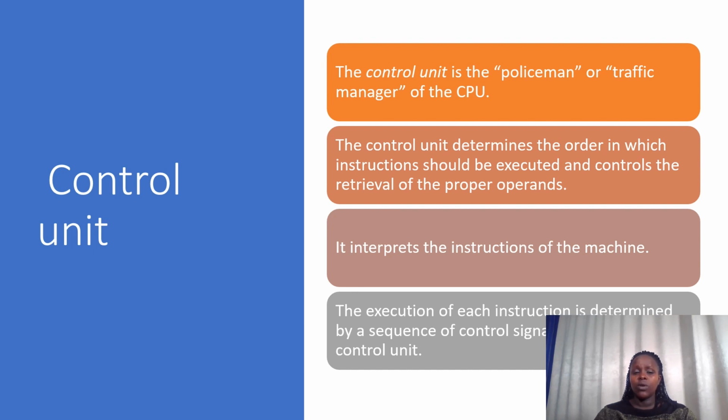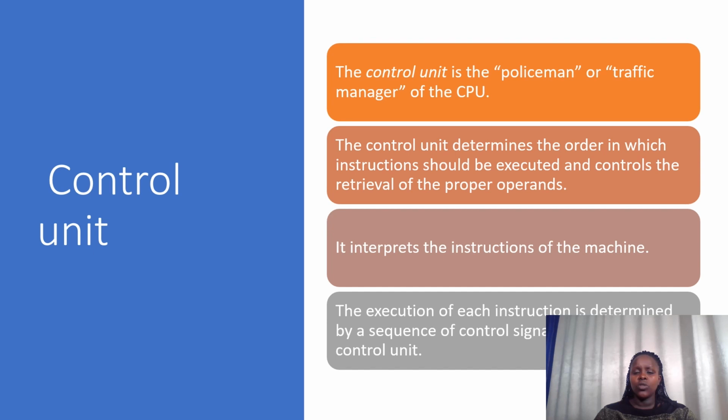The second role of the CU is to interpret the instructions of the machine. Is this instruction needed at this time? What is the role of this instruction? What is the operation? What is the purpose of this instruction? It is reserved for the control unit to coordinate all those issues.